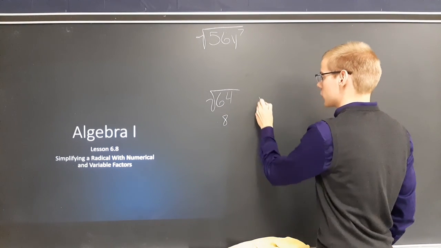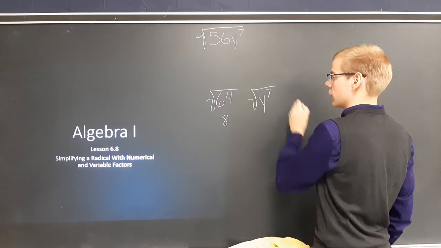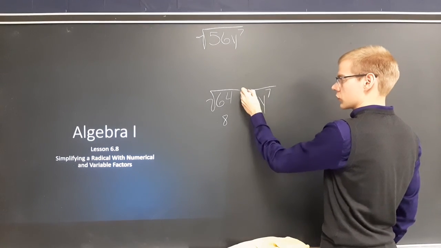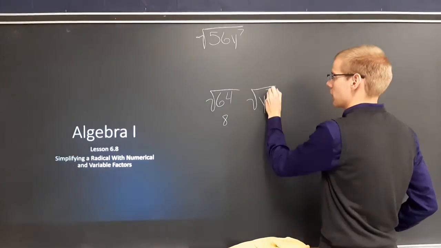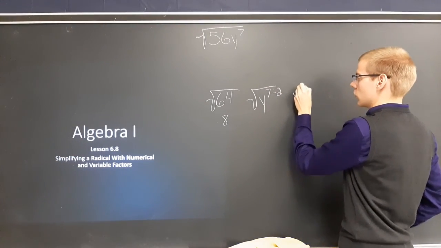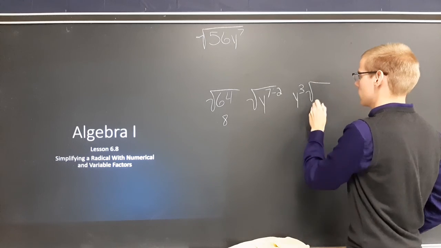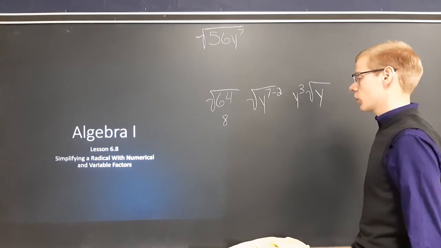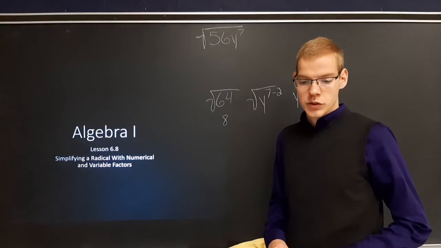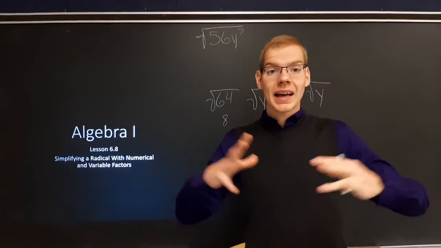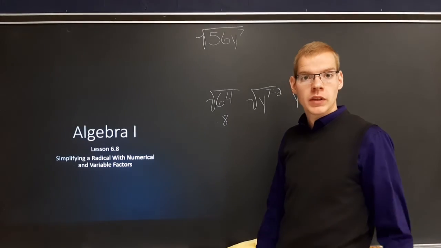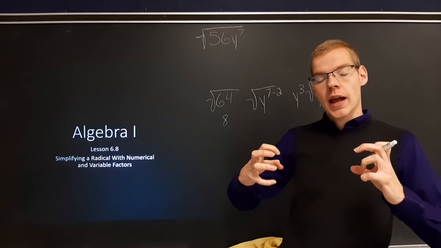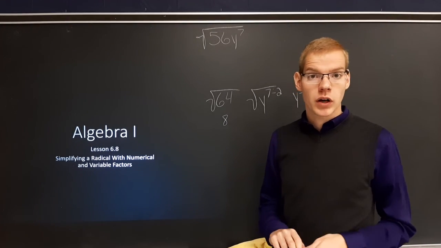And we know how to simplify the square root of y to the power of 3, which is divided by 2, and we have y and the square root of y. So now we will combine these two, and they won't always be perfect squares, and extract the perfect square out of there, and then move on.